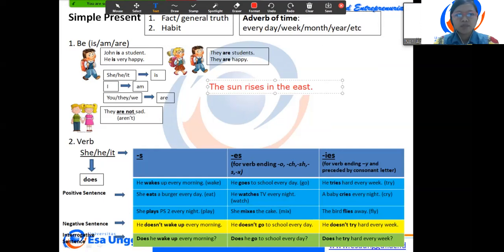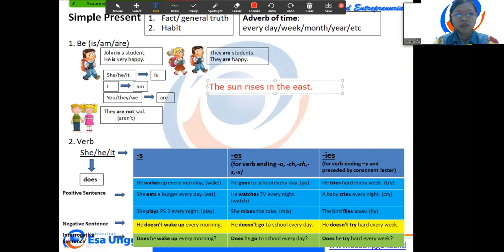The first is be, and the second type, verb. Be in simple present is, am, and are. If the subject she, he, and it, we can use is. If the subject I, we can use am. And if the subject you, they, and we, we can use are.